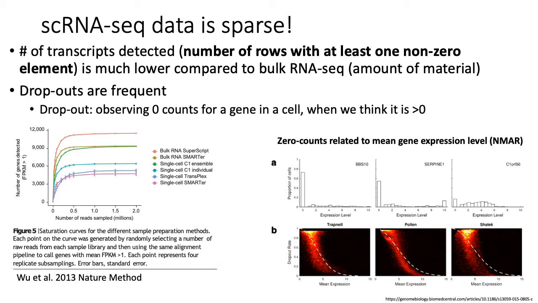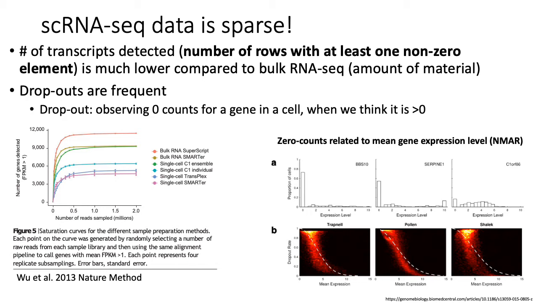And so the point here is that the dropout effect, as well as other technical factors, vary pretty widely between the different technologies. This is one consideration when you're trying to, for example, look at data from across multiple single-cell platforms.